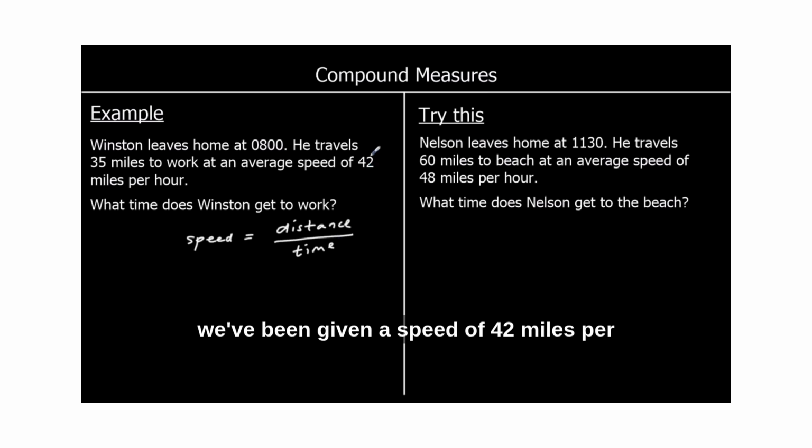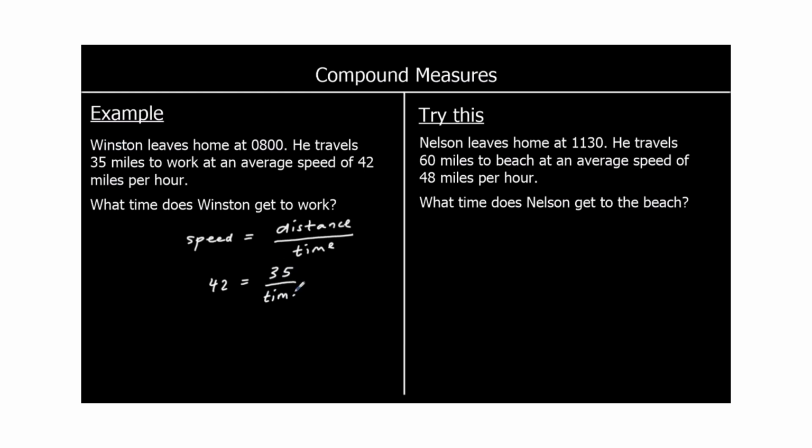So we've been given a speed of 42 miles per hour. So speed is 42. And the distance is 35 miles. We need to work out the time. I'll call that t. So 42 equals 35 over t.